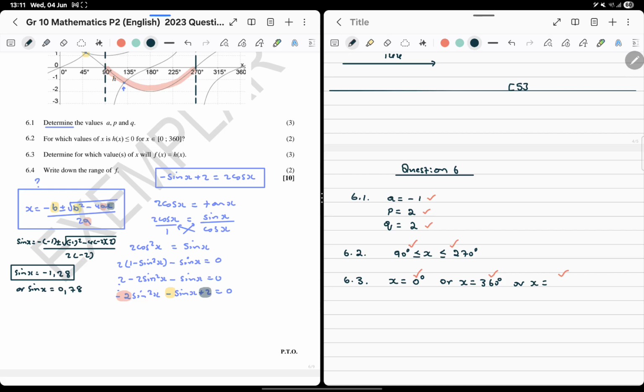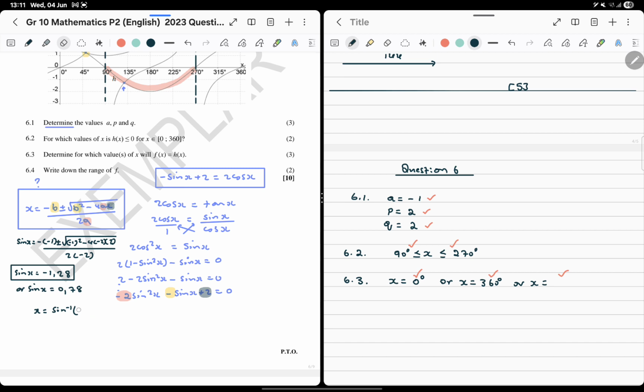So let's go for it and say arcsine of 0.78. So therefore x is going to be arcsine of 0.78.